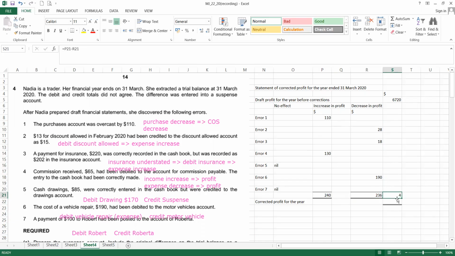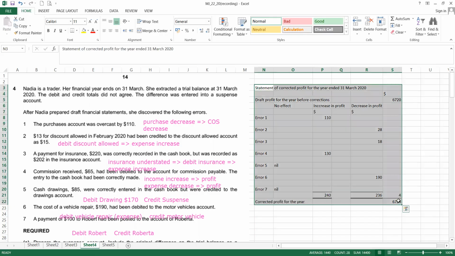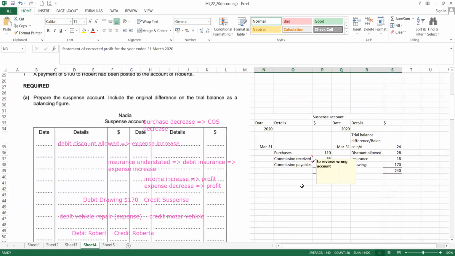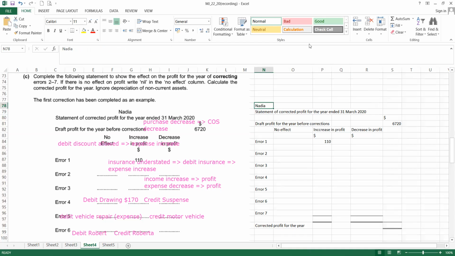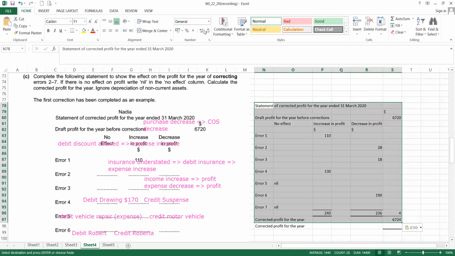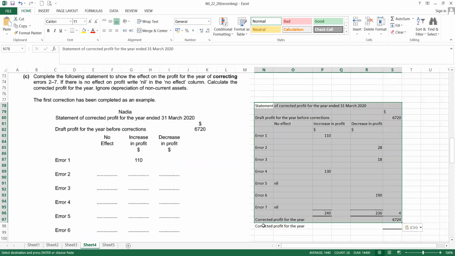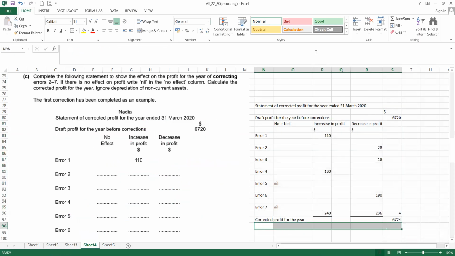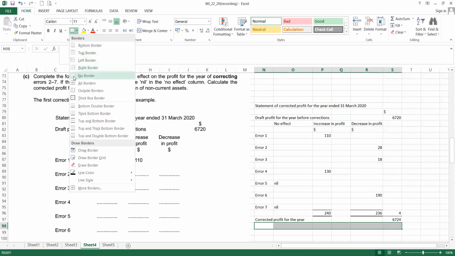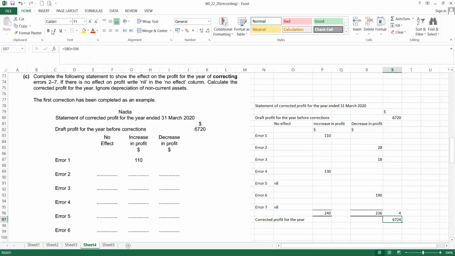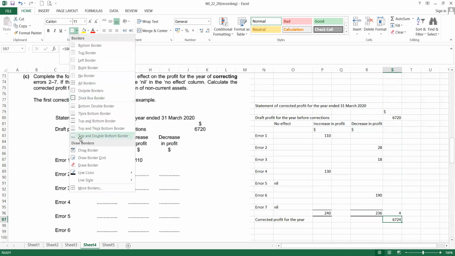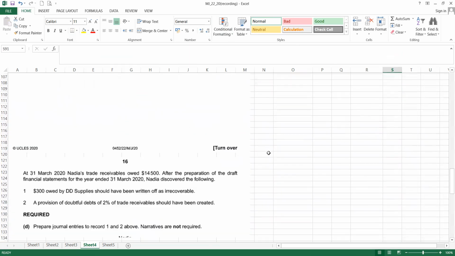Increase, decrease. So the net difference is only 4. If an increase, we plus. If a decrease, we minus. So this is the adjusted profit for the question. So this is the answer for C. Let's move on to the next.